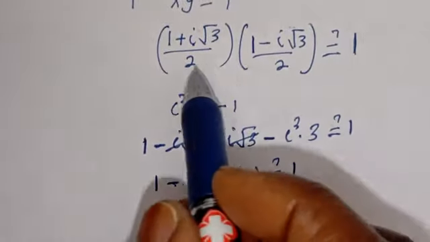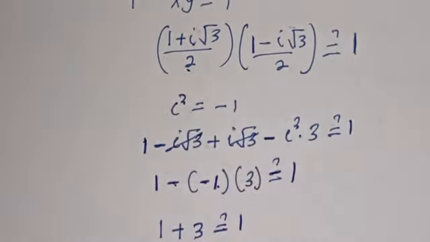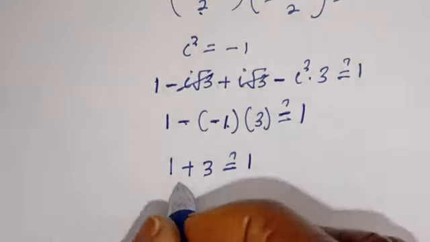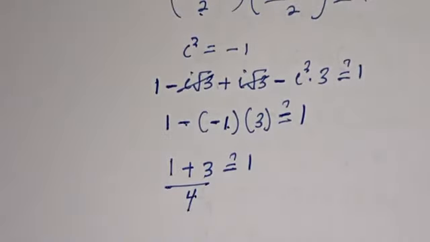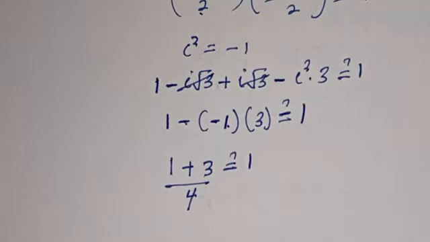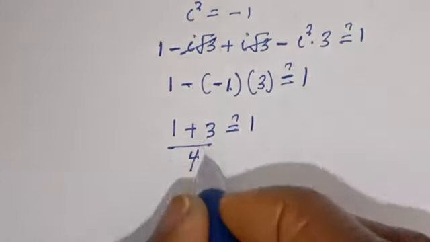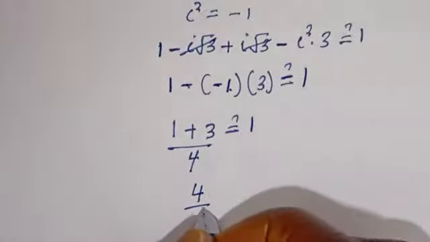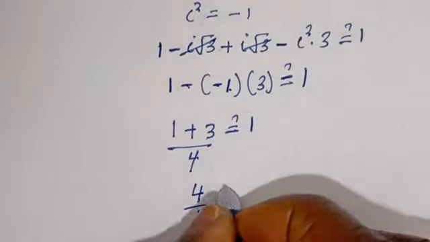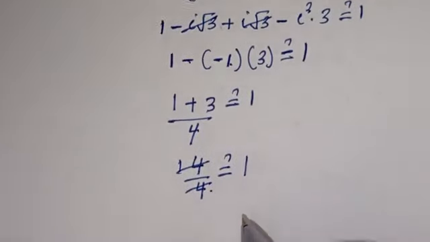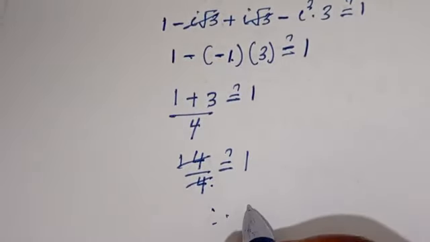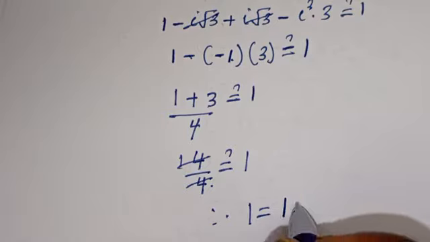But here we have the denominator, which is 2 times 2, that is 4. So everything here divided by 4. Then we have 1 plus 3, that is 4, divided by 4. This must be equal to 1. 4 here, 1, 4 here, 1. Therefore, the left hand side 1 is equal to the right hand side 1, which is true.